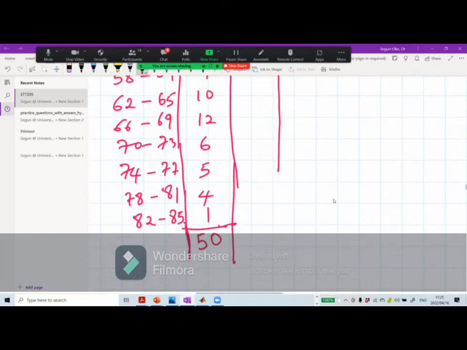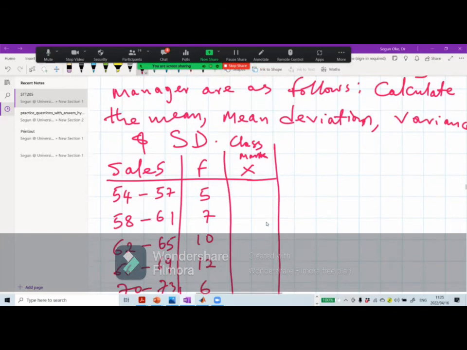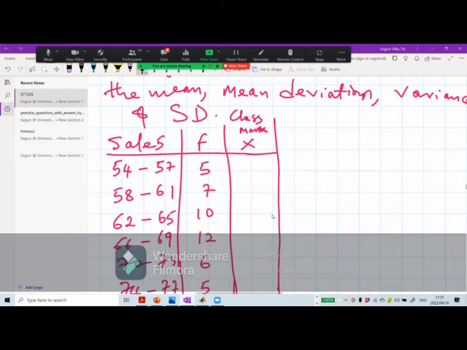How do we calculate the class mark? Lower class boundary plus upper class boundary divided by 2. Don't use boundary in this case, use class interval, because we've not put it in boundary, you remember. So go to your sales, that is your class interval. Add the two together, divide it by 2.